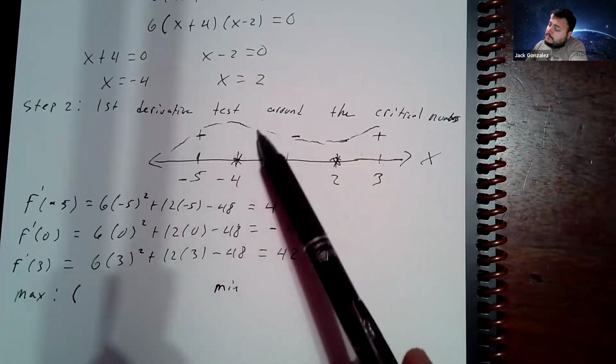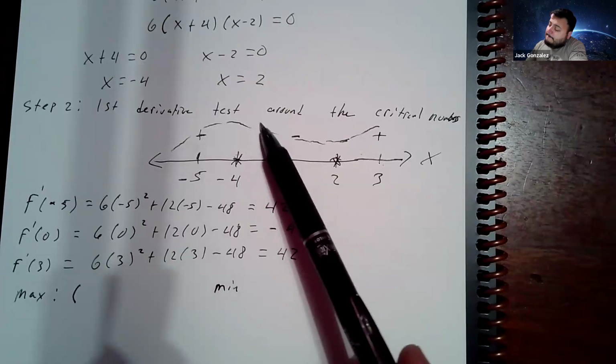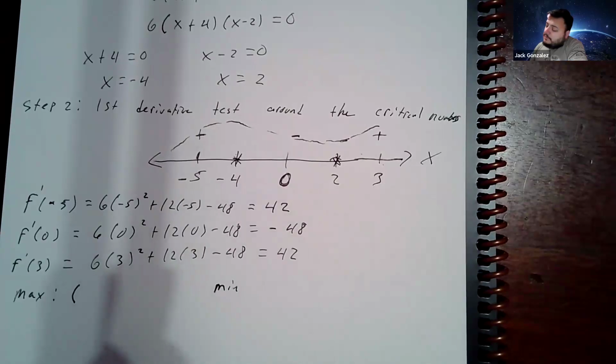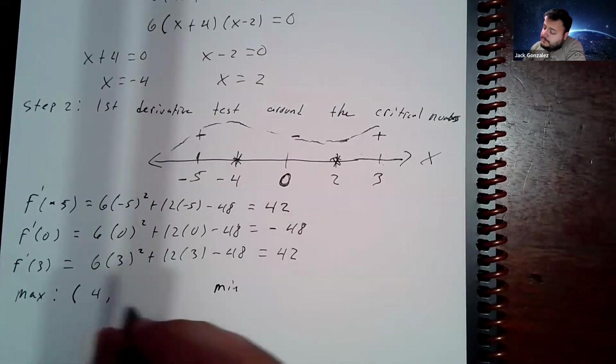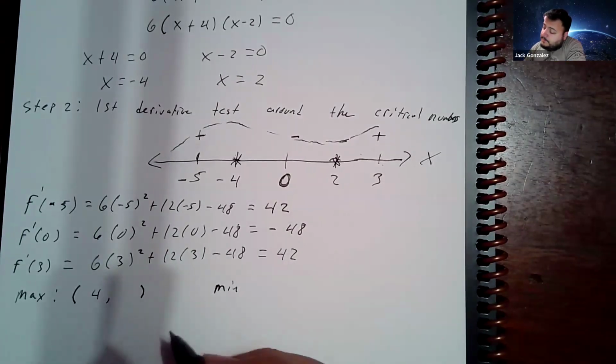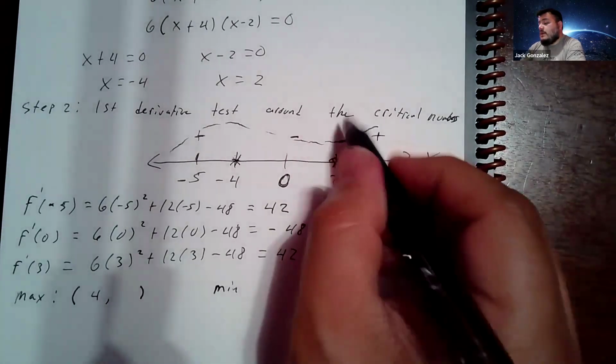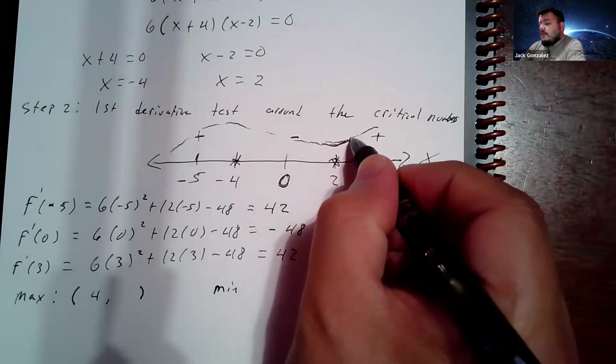We have a local max here. Okay. So it's at -4? So at -4 comma something is the maximum. Now, if we're decreasing and then increasing, we create that kind of valley.